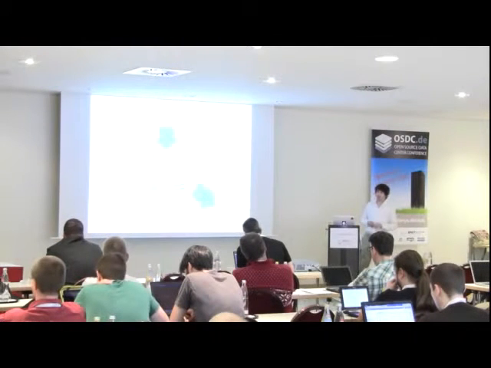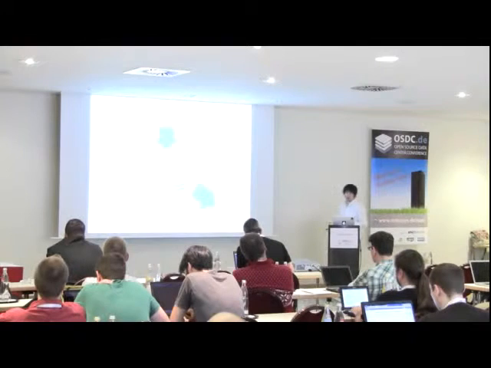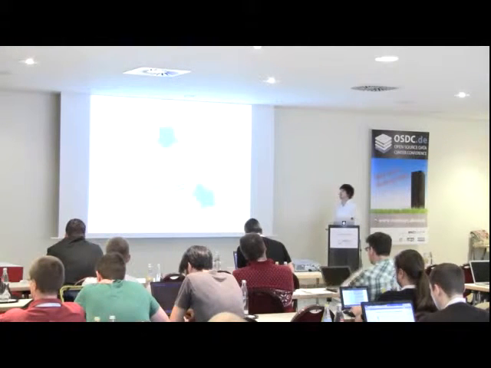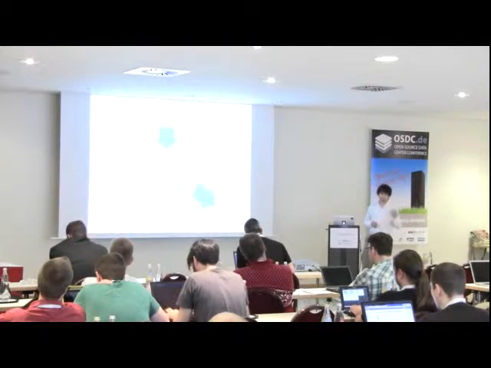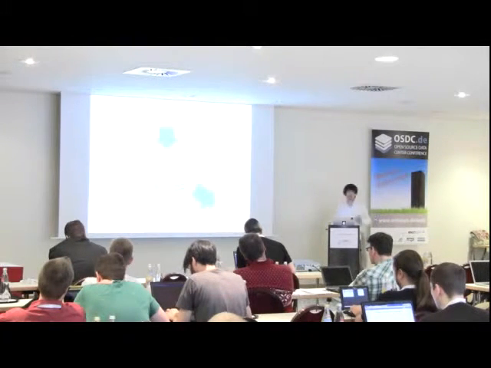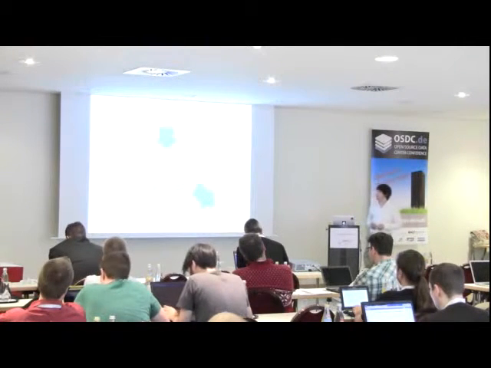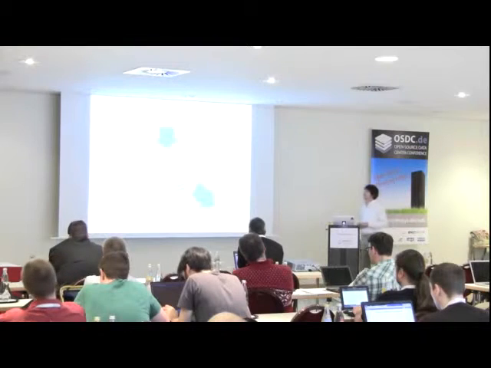So OpenNebula is a fully open source project. It's based on the Apache license, which is very unrestrictive. It's made to be interoperable with different technologies, also kind of based on standards. So we always try not to make up some APIs or whatever.